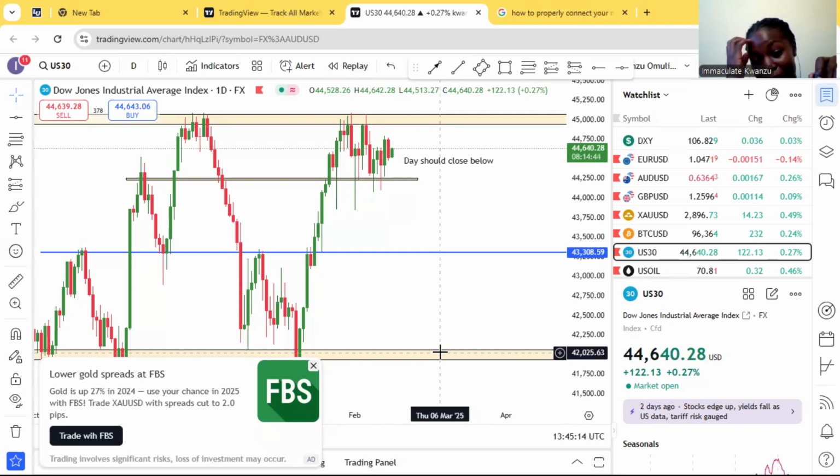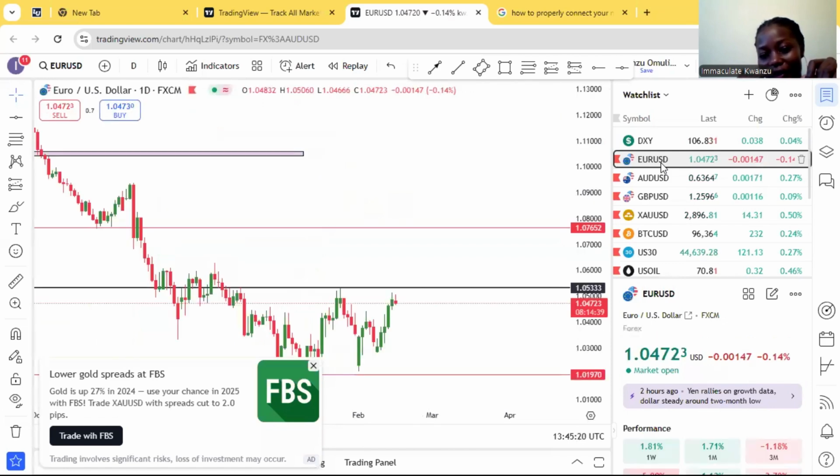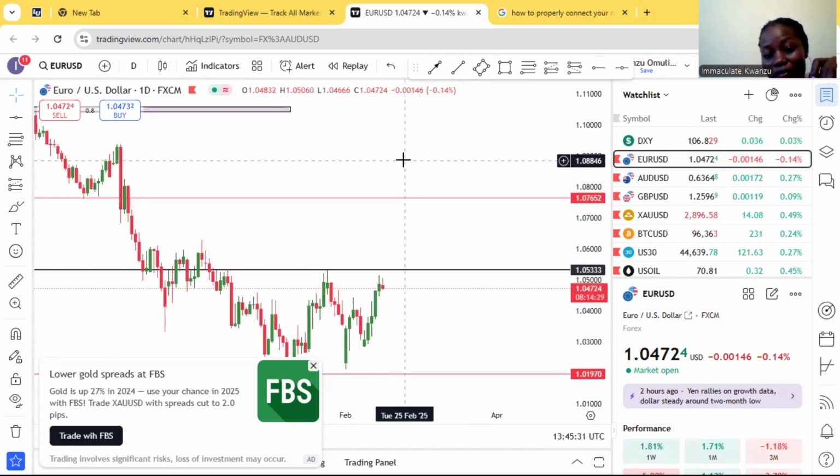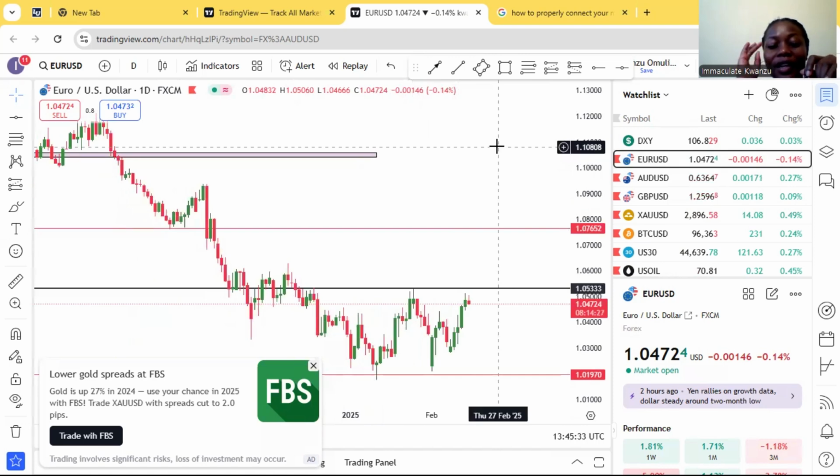So as swing traders, personally, I'm not in any particular trade. I'm just standing on the sidelines watching, waiting for things to align for me. But if you are a scalper or a day trader, you will most likely find your short-term opportunities in this particular market. And this is why, guys, I trade the synthetics market.